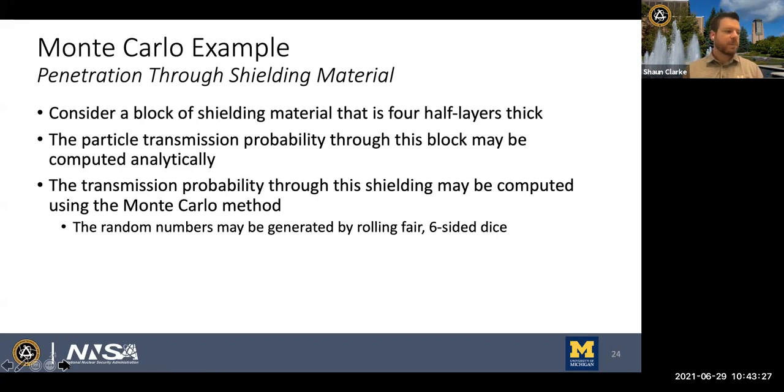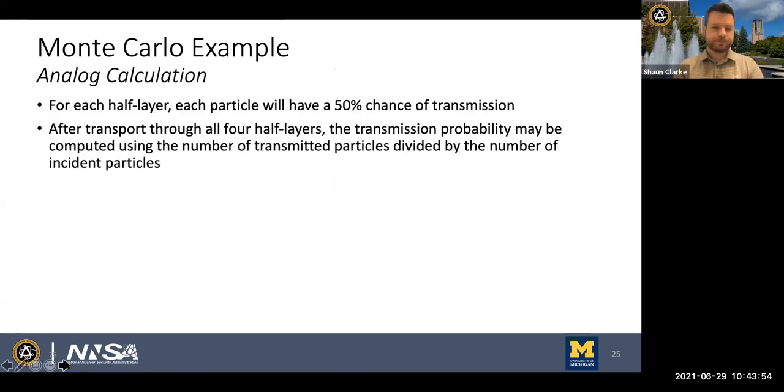We're going to think about a block of shield and how likely it is that some particle, neutron or gamma, can actually transmit through that block. That's something we can easily compute analytically, but we can also compute it using Monte Carlo. In fact, in this case, if we think about it in a really simple way, we can actually solve this Monte Carlo problem using a set of 6-sided dice.